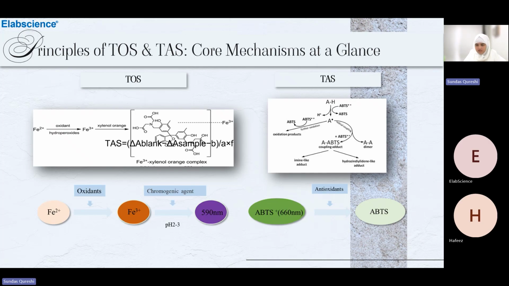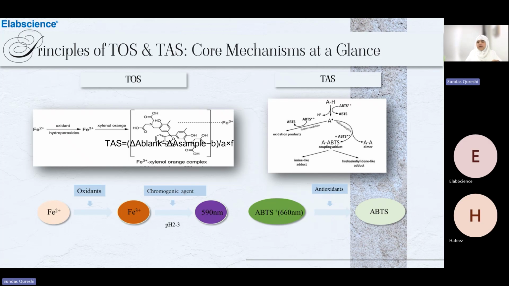Under acidic conditions, oxidants in the sample convert the ferrous Fe2+ ion to ferric Fe3+. This Fe3+ then reacts with xylenol orange to form a blue-purple complex. The intensity of this color, measured around 590 nanometers, directly reflects the total oxidant load.